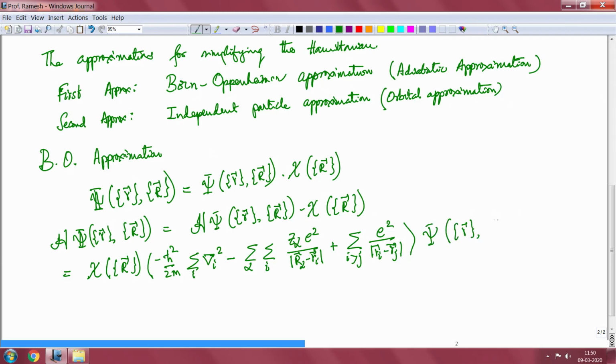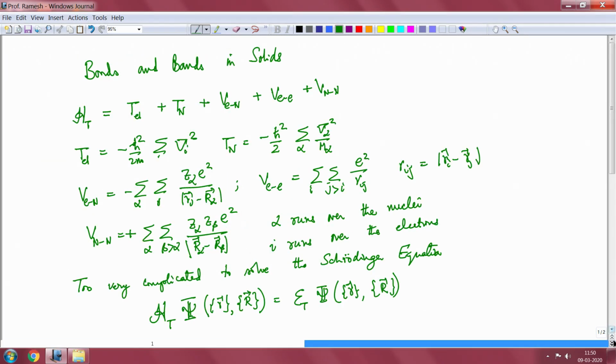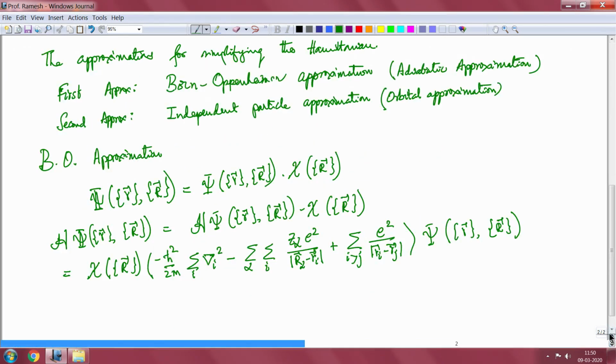of r comma capital R, and then I have another term which is a nuclear term, because the electronic coordinates will be pulled through, and of course I will tell you that I make an approximation in doing that, and I will tell you what is the approximation I am doing.